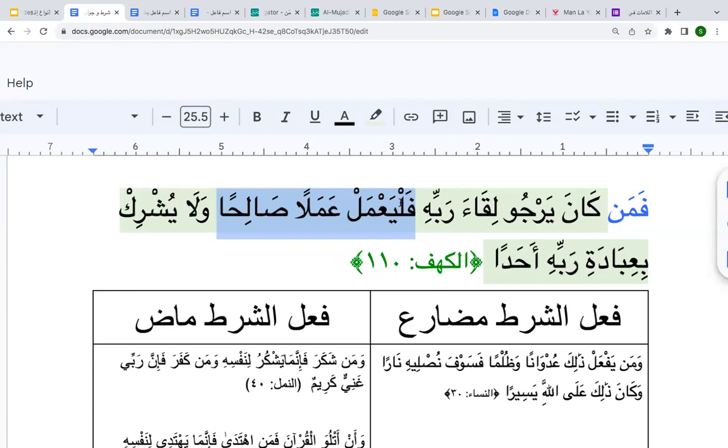Mudare after lamul amr. What is the status of mudare after lamul amr? It is majzoom. At the fail level, it is majzoom. How is it majzoom? Bisakun. Majzoom bisakun. Right? Amalan saliha. Amalan. So now think about it. Whoever does, amalan salihan are the mawsoof and sifa. How will you connect amalan? What kind of a word is amalan? Then he should do.